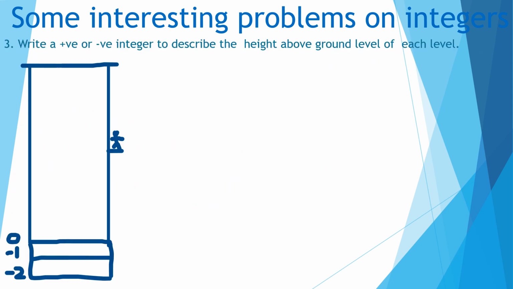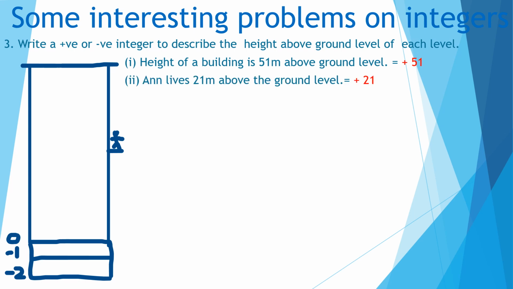Now we have a building and its height is 51 meters. A positive integer describes the height above ground level and a negative integer describes the height below ground level. So plus 51 is the height of the building.